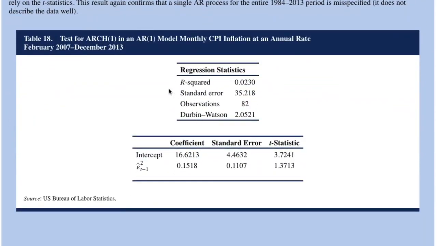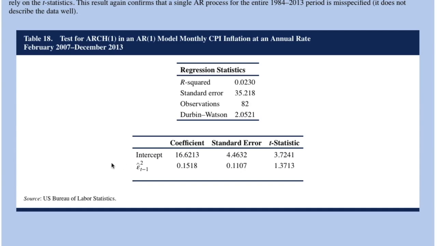She ran the AR1 model just for February 2007 to December 2013, saved the error terms, created a new variable which was the error term squared, and ran this regression. Notice that the t-statistic on the coefficient for this variable is not significant, which means it is no different from 0.